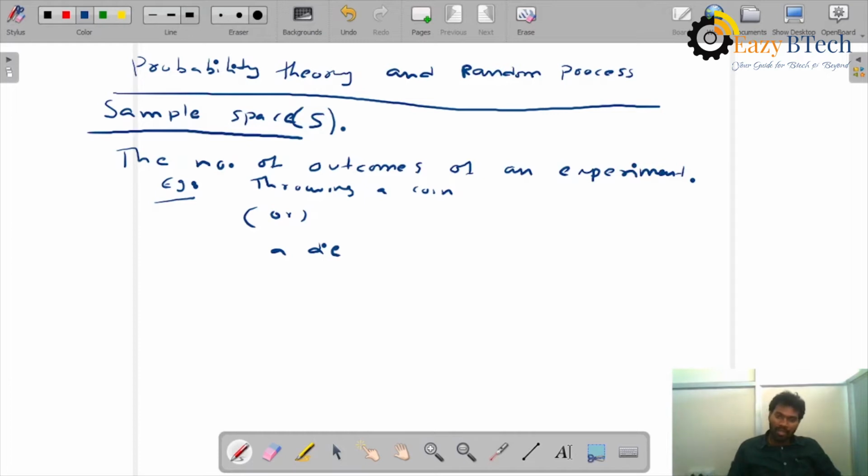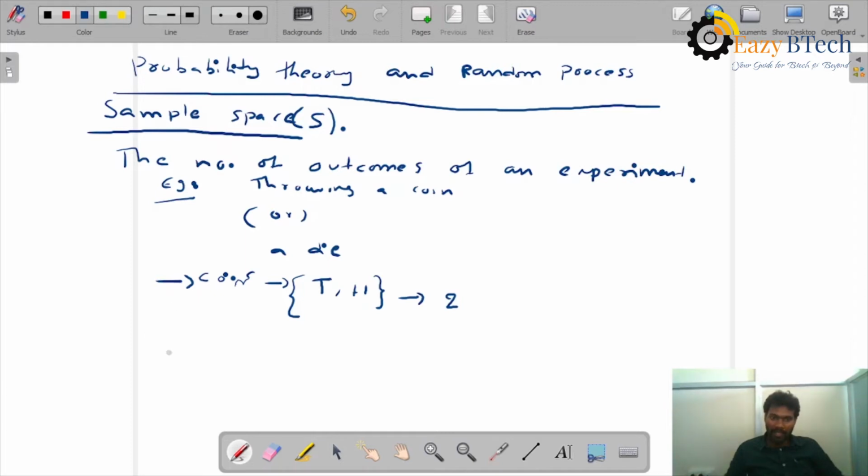If you consider the first example, throwing a coin, a coin has two faces, so it has either tail or head. So in the throwing a coin experiment you have two outcomes in total.